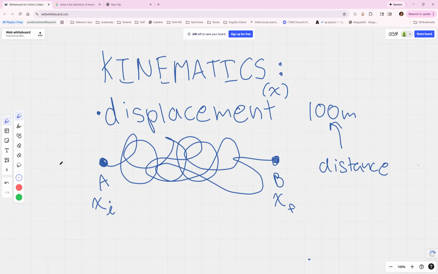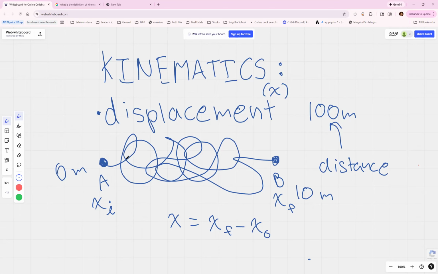So let's just say we're starting at 0 meters and then we end at 10 meters. So that means that if you drew a horizontal line like this, the shortest distance between point A and point B would be 10 meters. And that means that we are defining displacement as x is equal to x f minus x naught.